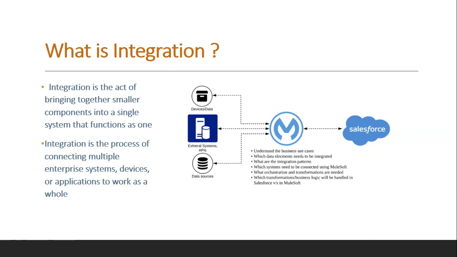It helps them exchange data from one system to another. That's why we term it an integration technology or middleware technology. It comes in between multiple heterogeneous systems. Yeah, Vinay, go ahead.